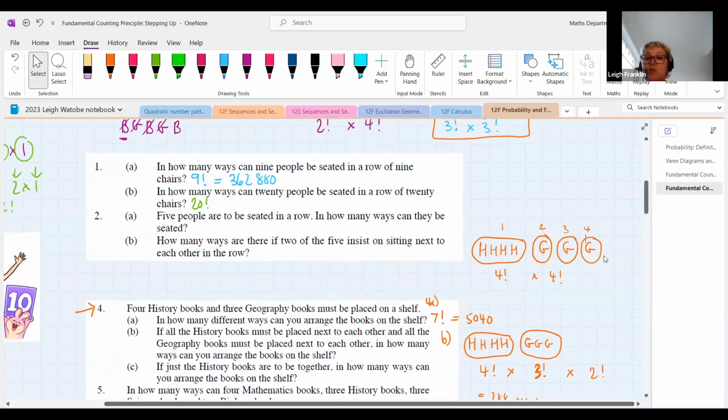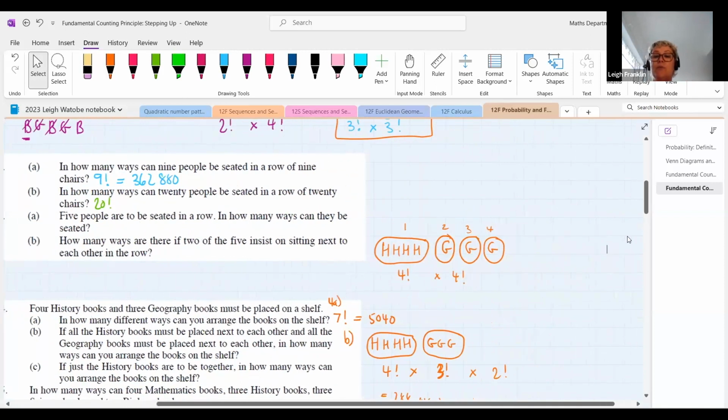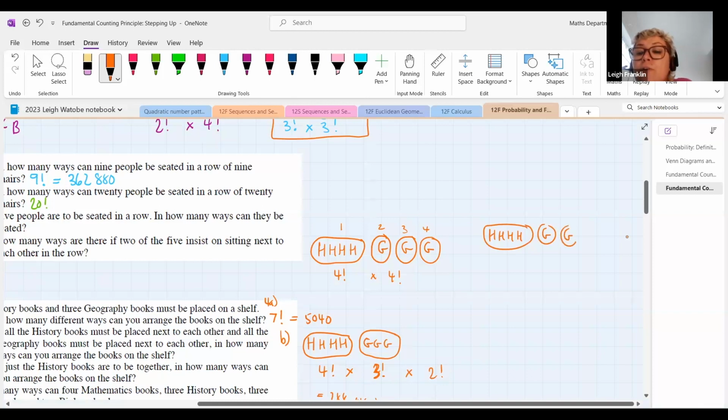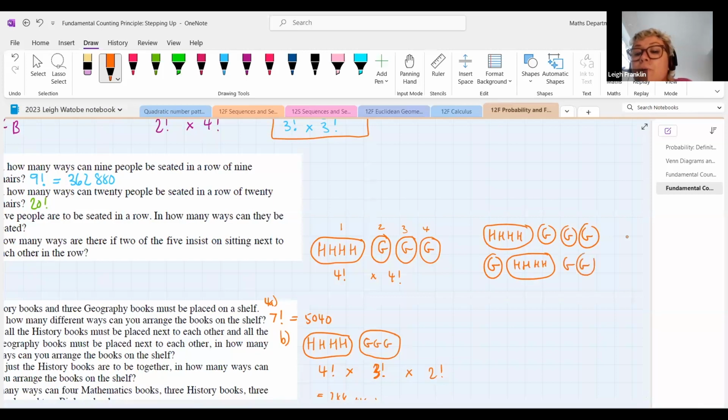Another way to look at it, which probably would have been easier with the boys and the girls, is this: you can either have the 4 history books together, and then you've got geography, geography, geography. Then you could have a geography book at the front, the 4 history books over here, and then 2 geography books over there. And then they slide down.